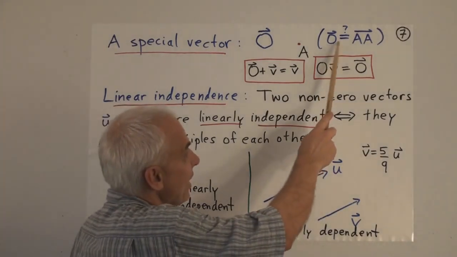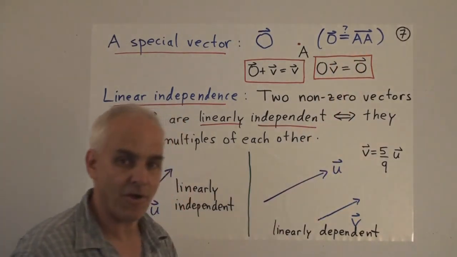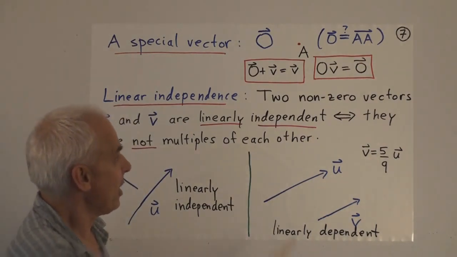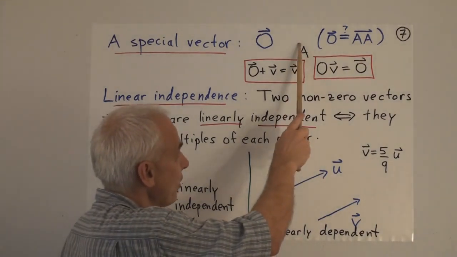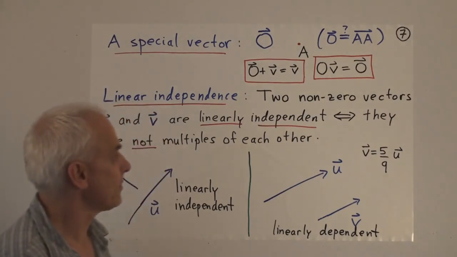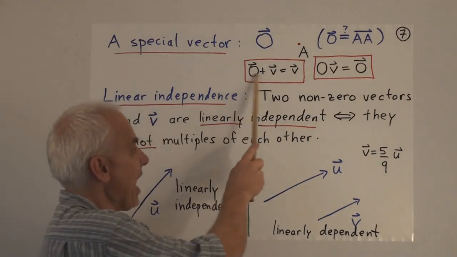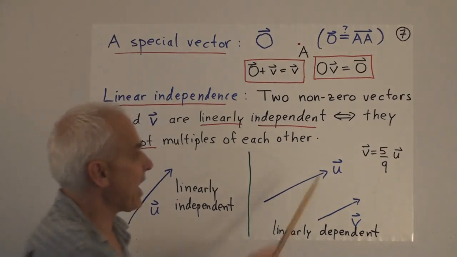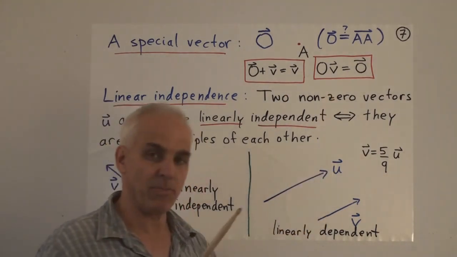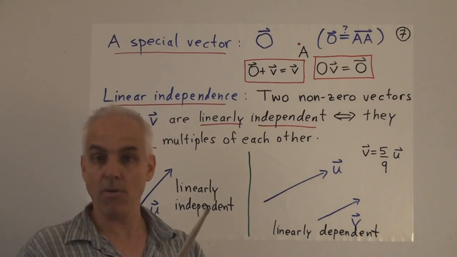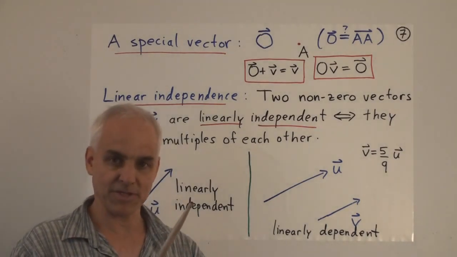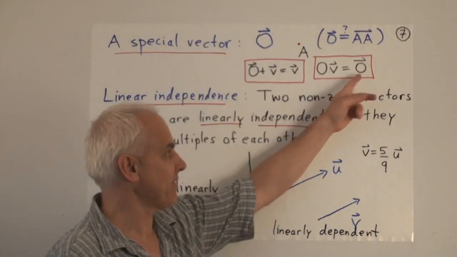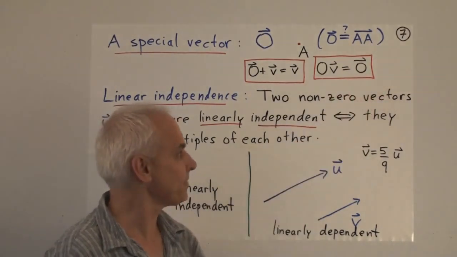We might write it as the vector from A to A, although that notation is rarely used. But it's really just the vector that starts there and stops there. It has the property that if you add it to any vector v, you still get v. And if you take any vector v and you multiply it by 0, it means you're scaling it right down, then you're going to get this 0 vector.